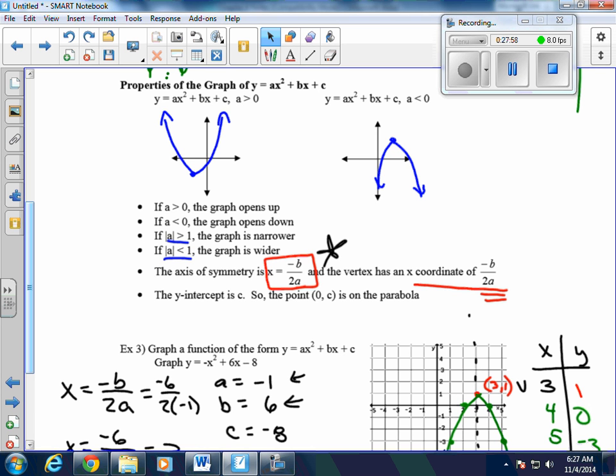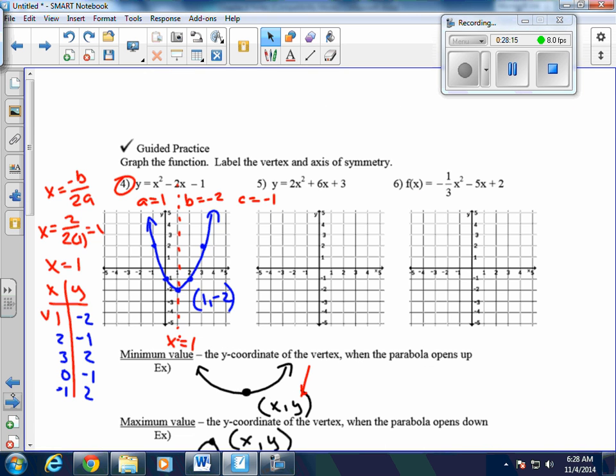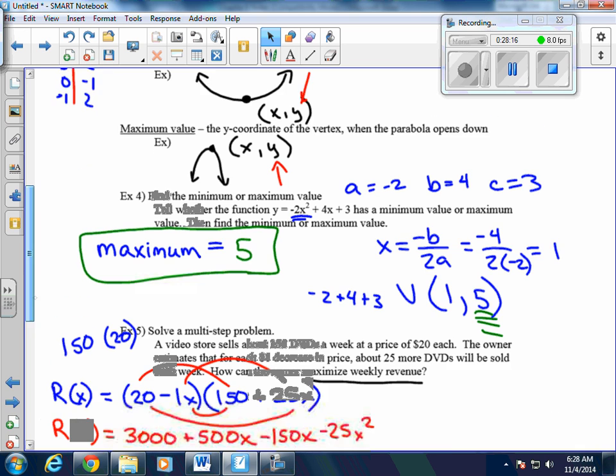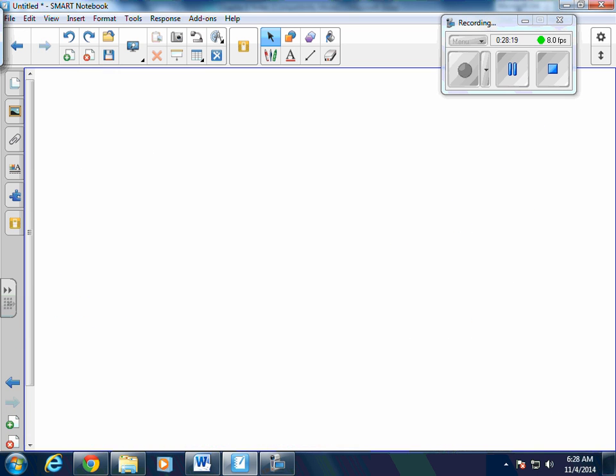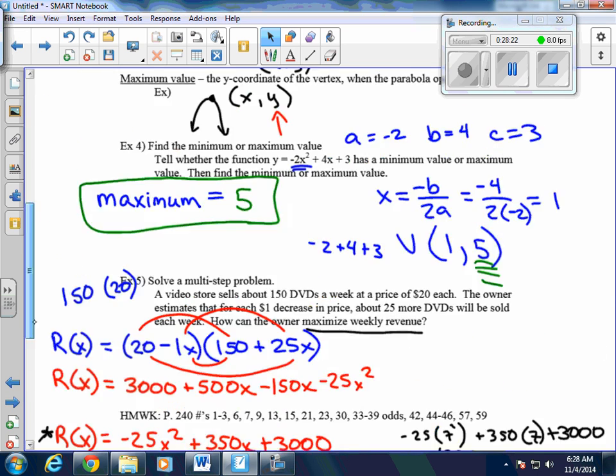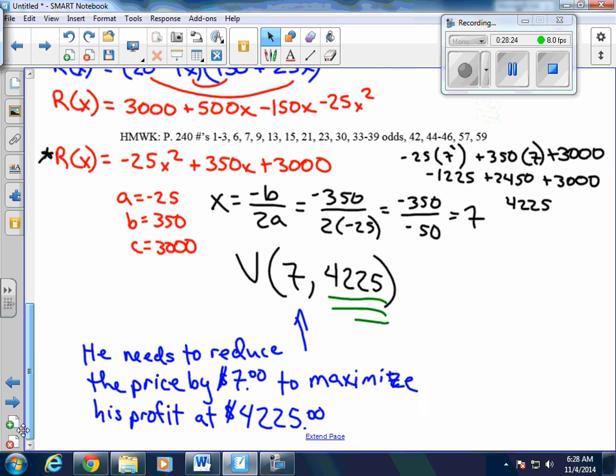And the axis of symmetry is x equals negative b over 2a. So make sure that you know how to graph and how to find the axis of symmetry. And the vertex must be on that axis of symmetry. And then remember, the maximum and the minimum values are the y coordinates of the vertex. So there is your assignment for section 4.1.